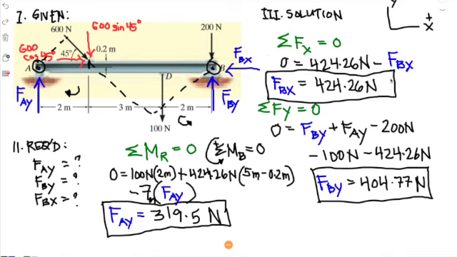So FBX is going to this direction, FBY is going up, and FAY is also going up. Okay, so don't forget to write the direction like this. Okay, and that's how you solve rigid body equilibrium problem.